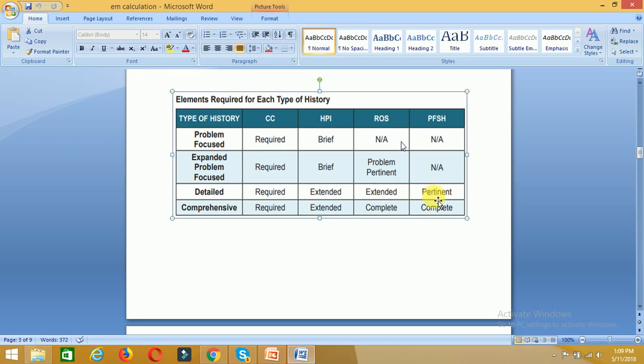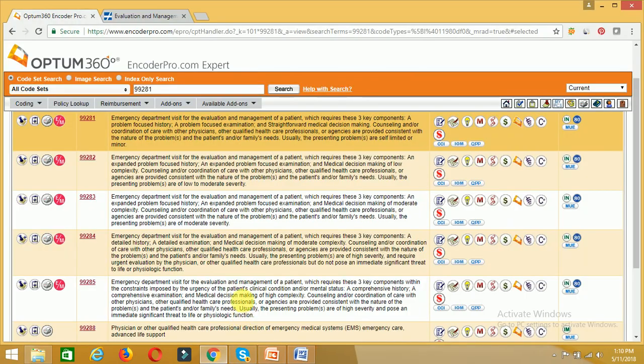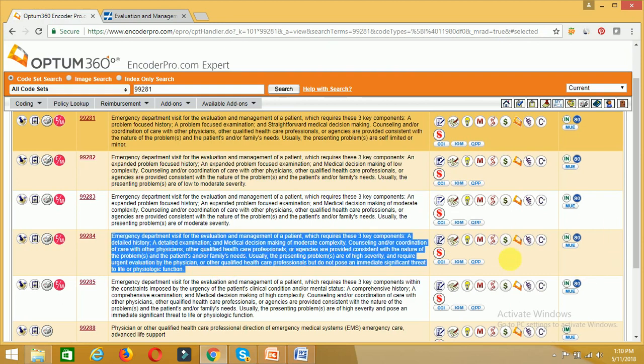So in pertinent we have at least 1 element. Yes, we have that. So our type of history is detailed history. Where is it? Yes, here it is. In 99284 I have detailed history.